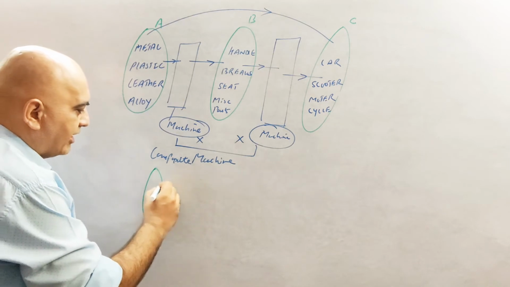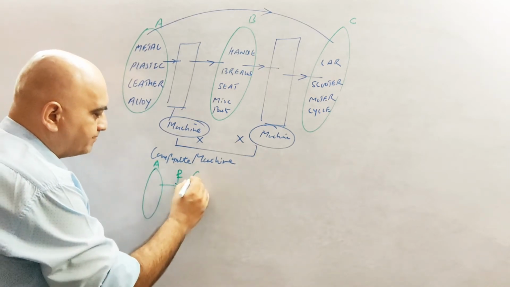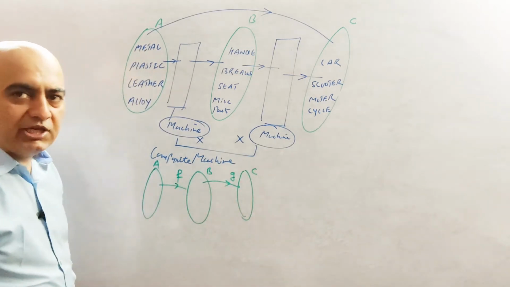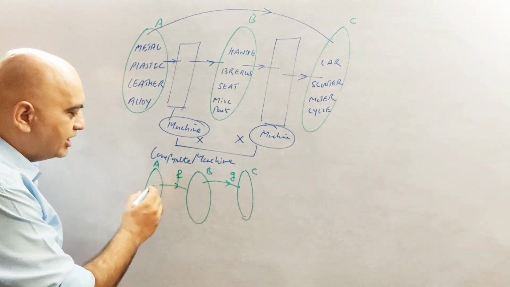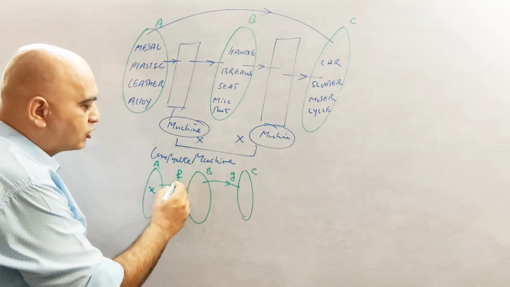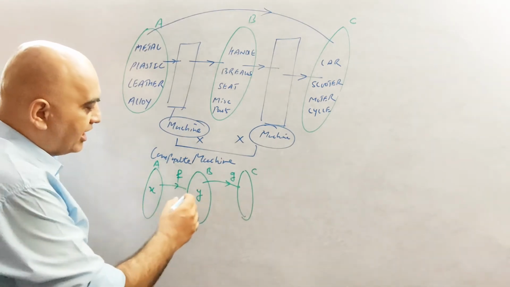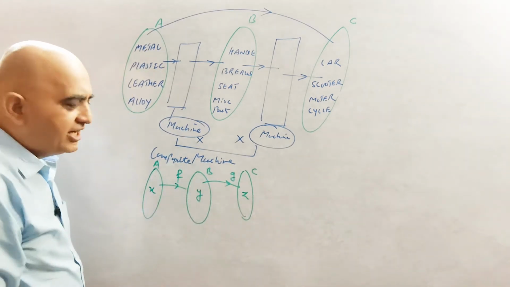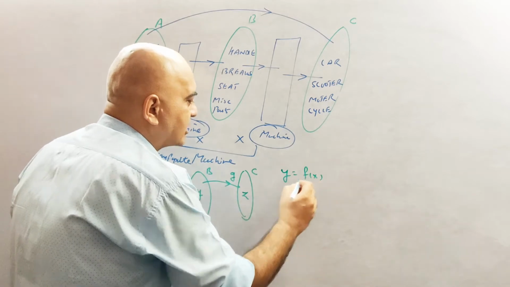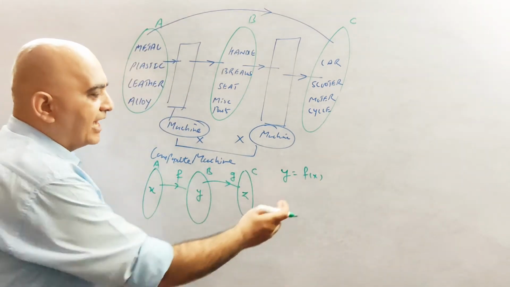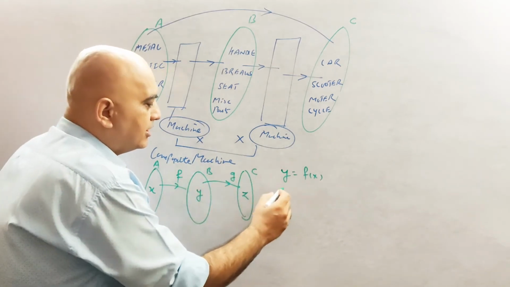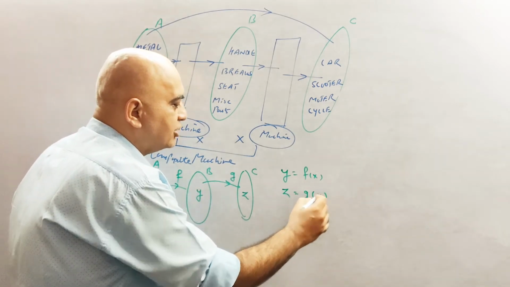Suppose there is a function f defined from set A to B, and g is another function defined from set B to C. Set A is the input for f. Suppose we have a variable x, the input variable, and through f we get the output variable y, and after that we get the output z through the g function. So y is dependent on the x variable, meaning y is defined as f(x). When g is defined from set B to C, we can say z is g of y.